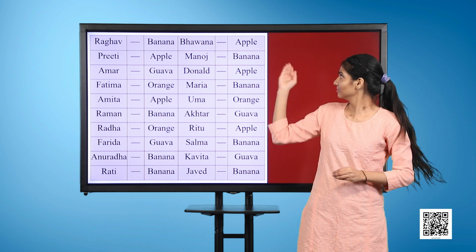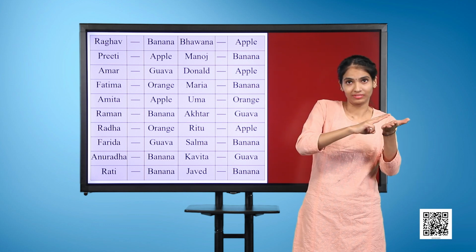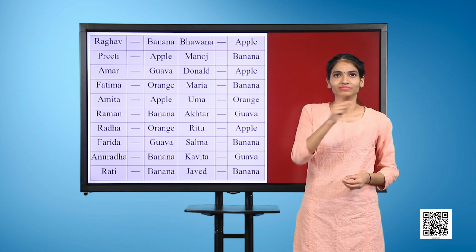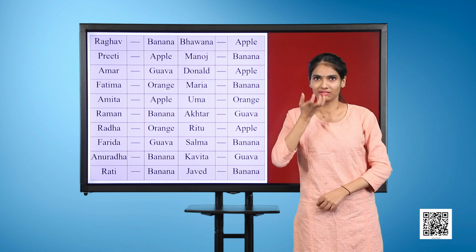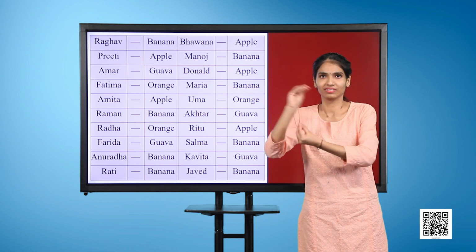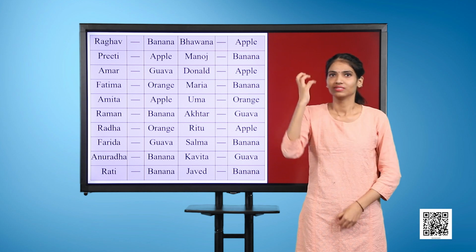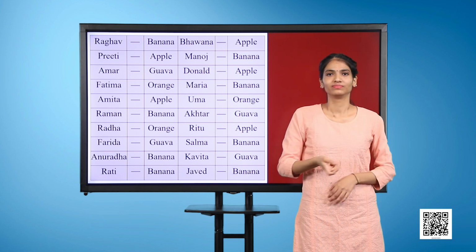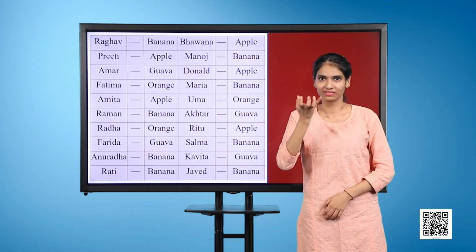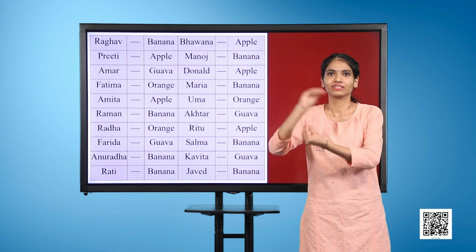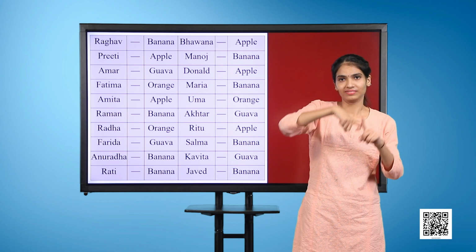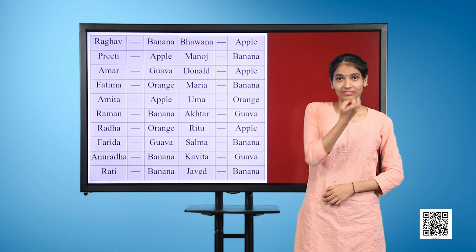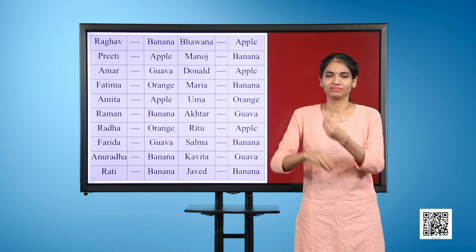Bhavna, apple. Manoj, banana. Donald, apple. Maria, banana. Uma, orange. Akhtar, guava. Ritu, apple. Salma, banana. Kavita, guava. Javed, banana.